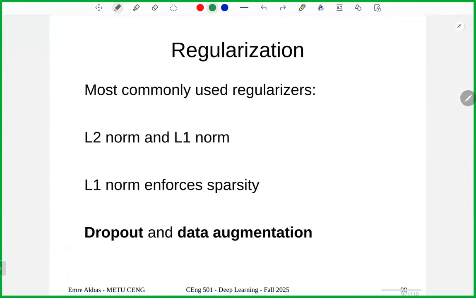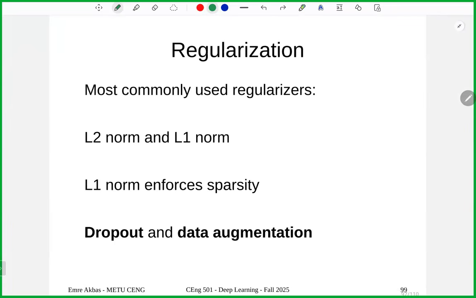Other most commonly used regularizers are L2 norm and L1 norm because we want to minimize the norm of the solution to favor simpler solutions. Although there is research against simplicity bias, saying that always preferring simplicity is not good.